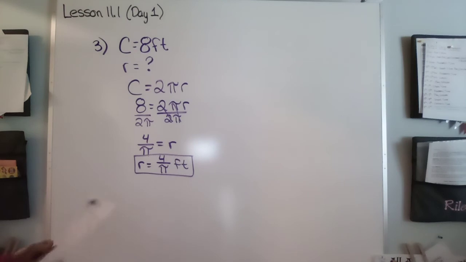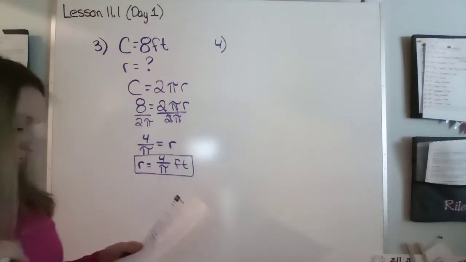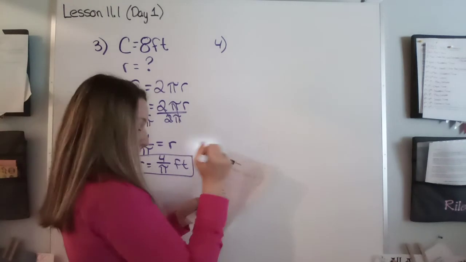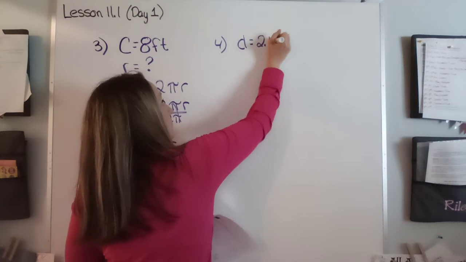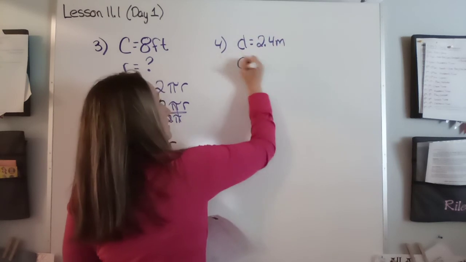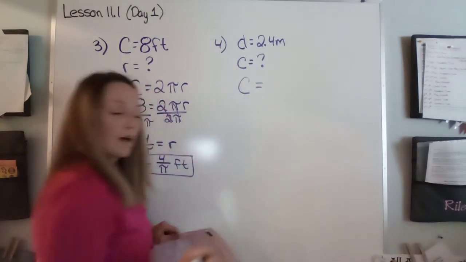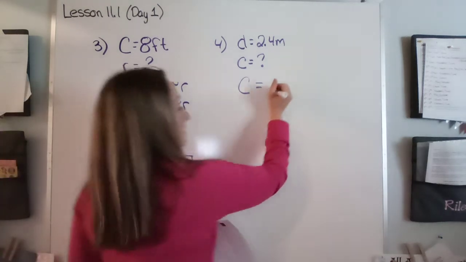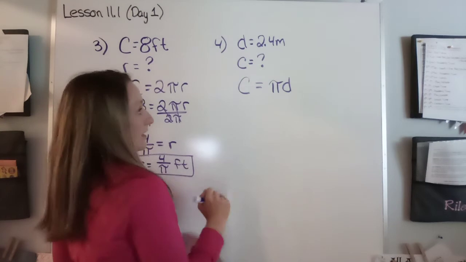Right. And problem number 4. For problem number 4, it asks you to find the circumference of a circle with a diameter of 2.4 meters. Okay, so you know the diameter is 2.4 meters. You want to find the circumference. So write down whichever circumference formula you want to use, either 2 pi r or pi times d. The reason I'm choosing pi times d is because you were given the diameter.